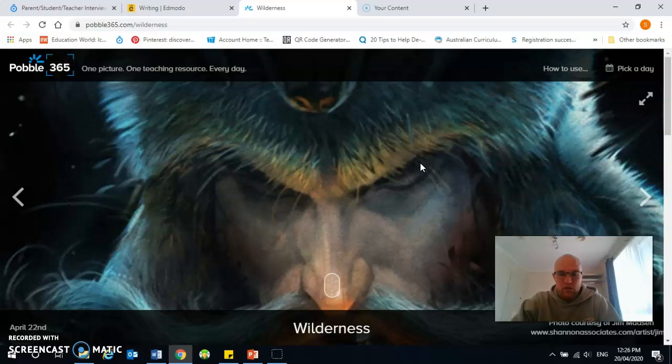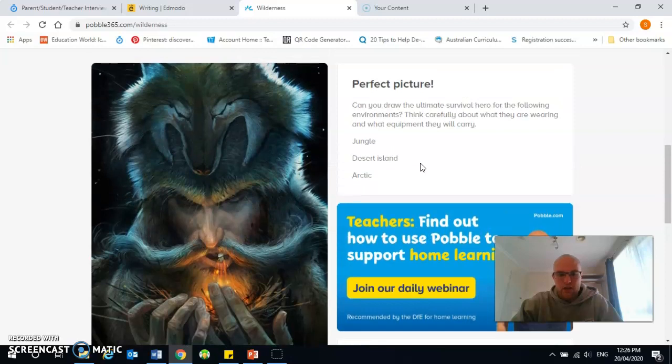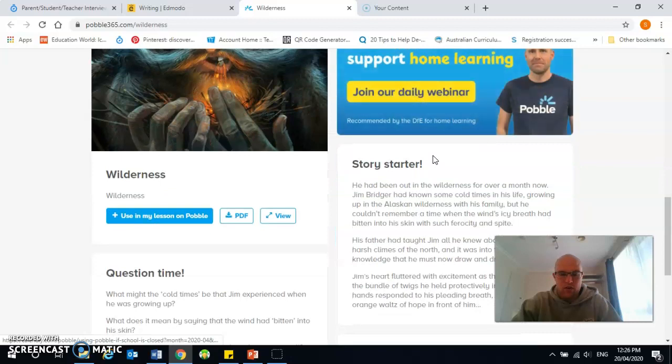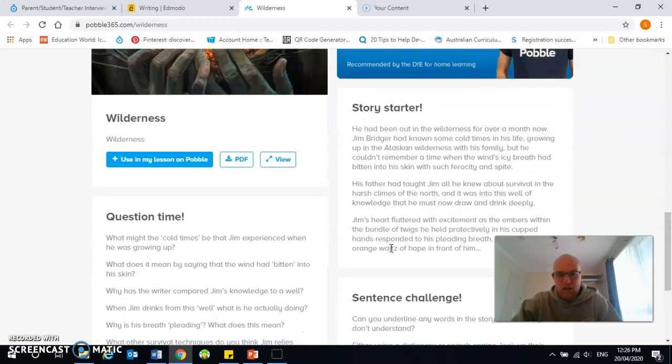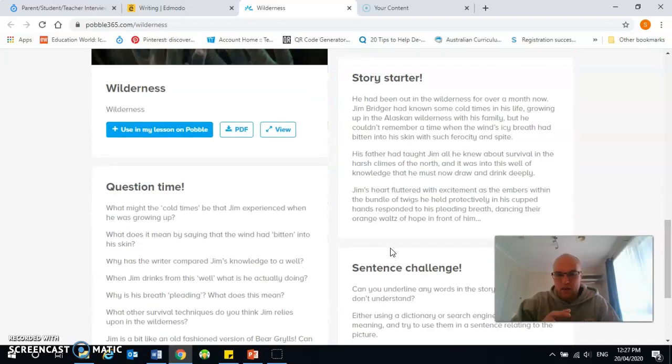So you can have a look at the photo, and if you keep going further down, it's got some different activities. You can draw a picture. That might be something extra you might want to do. But have a look at the story starter. All right, and that is how the person who put the photo up would start a story.